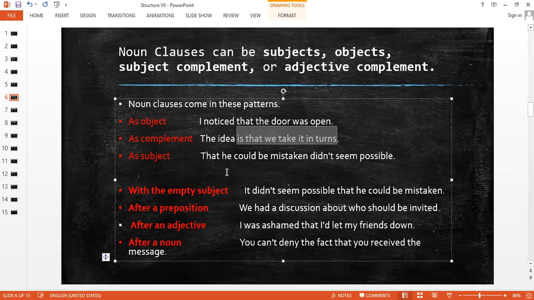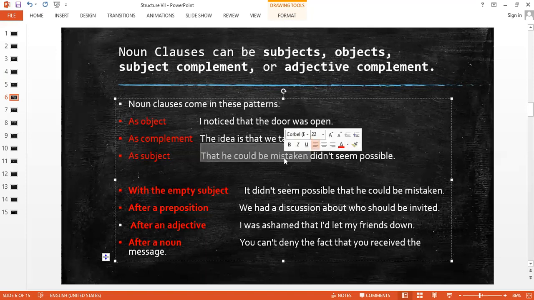Noun clauses acting as subject is shown here. That he could be mistaken didn't seem possible. That he could be mistaken is actually a noun clause, and the noun clause here is at the beginning of the sentence.